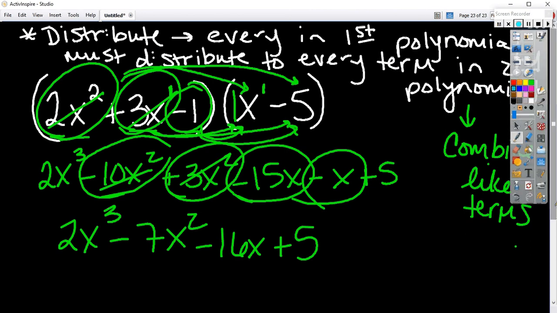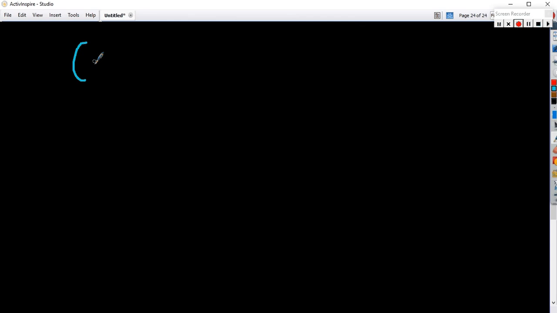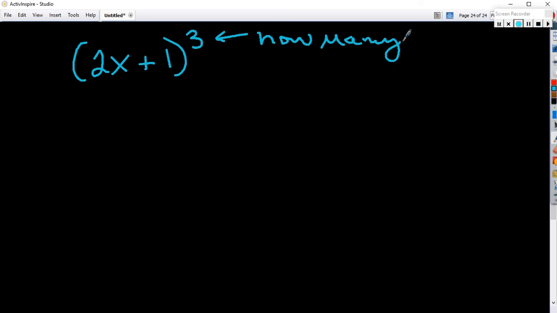I will show you another example. You might have something that looks like this. Do not distribute that exponent. You just write it 2 times. Yep. This tells you how many times to multiply.